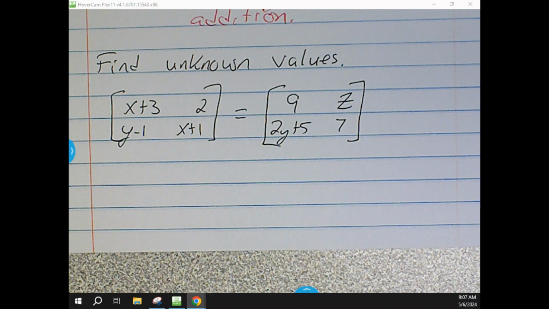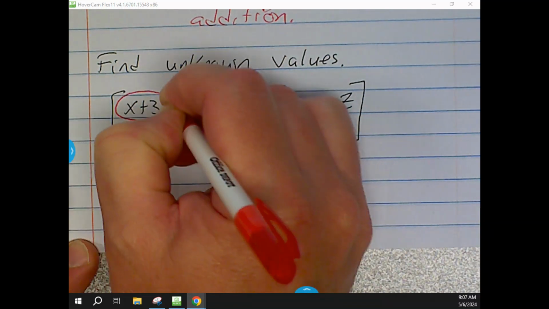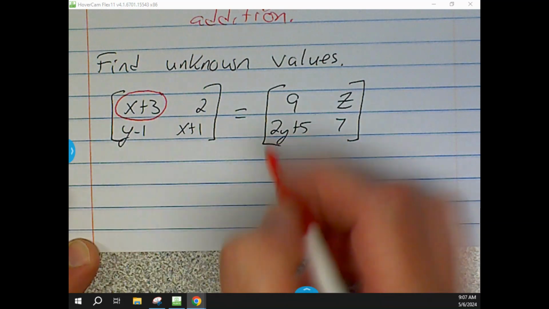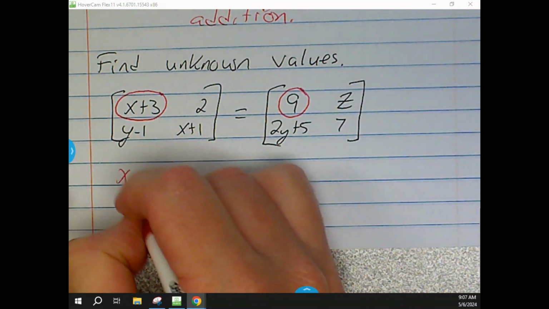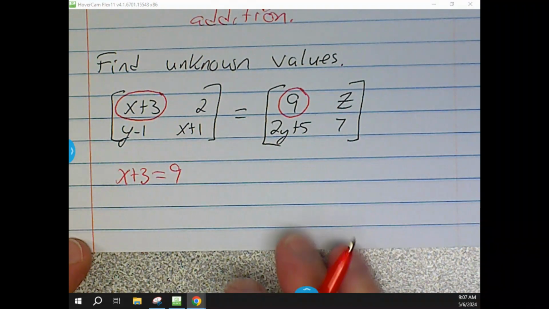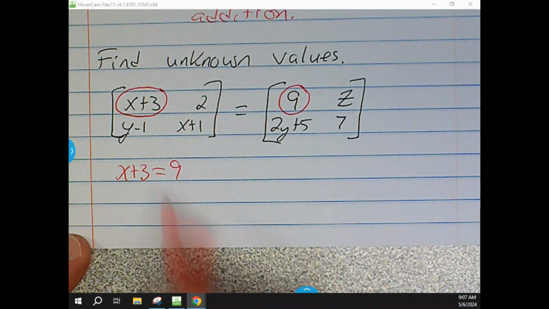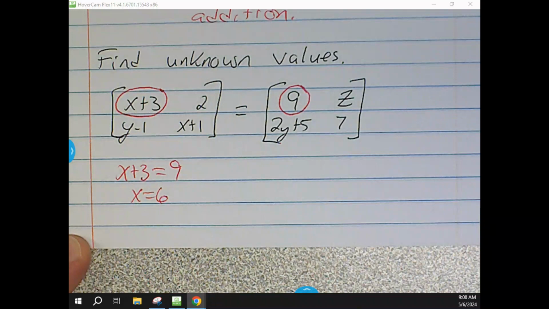You set the top left corner, row 1, column 1, equal to the corresponding value. If we have x plus 3 equals 9, that's easy: x equals 6. We're just brushing up on our basic algebra.